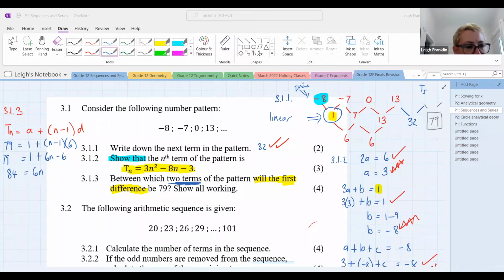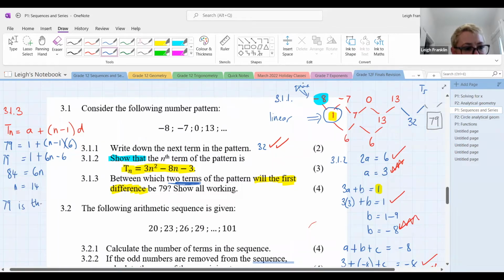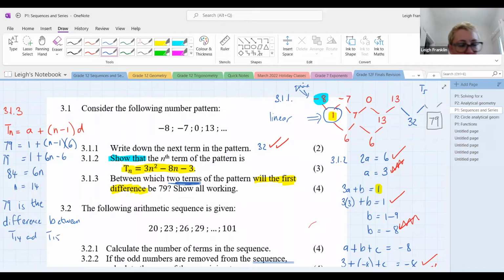Dividing both sides by 6, n is equal to 14. So in other words, what we've calculated is that 79 is the difference between term 14 and term 15.